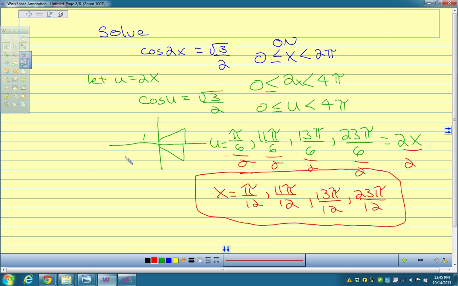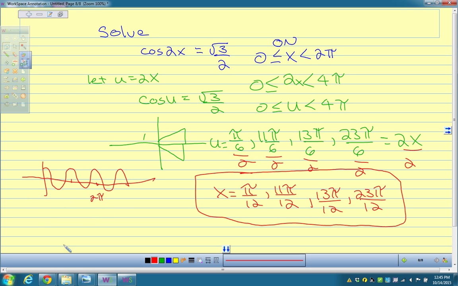But graphically, just real quick, if I were to graph cosine of 2x, it goes up and down twice as fast as regular cosine, right? So it goes up and down twice in 2 pi radians.